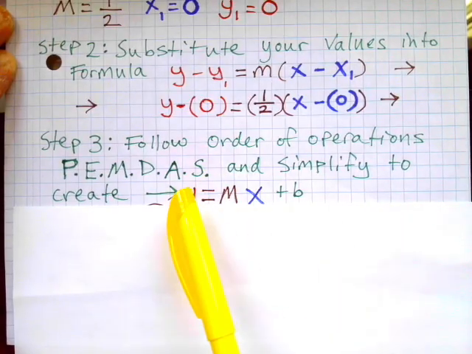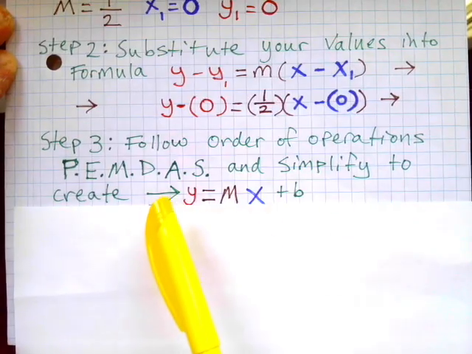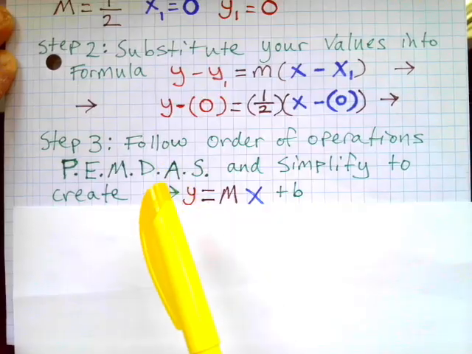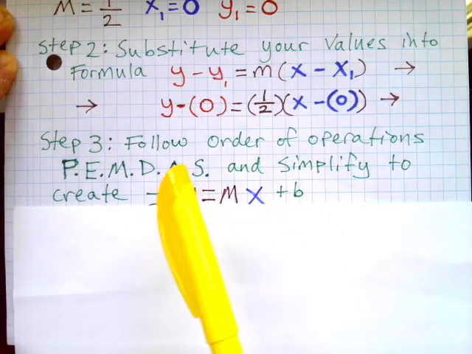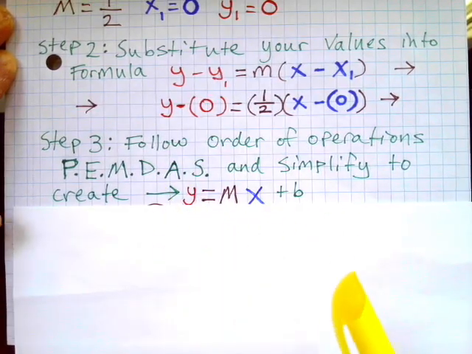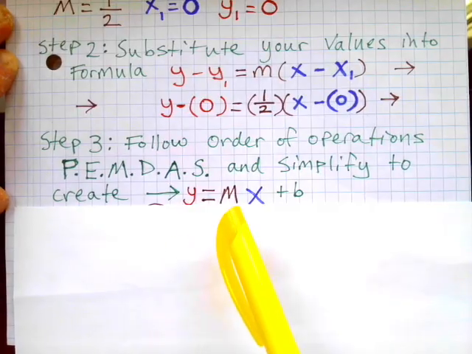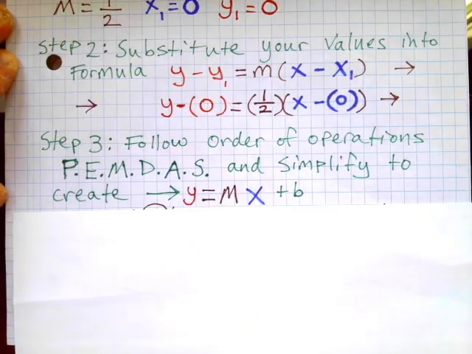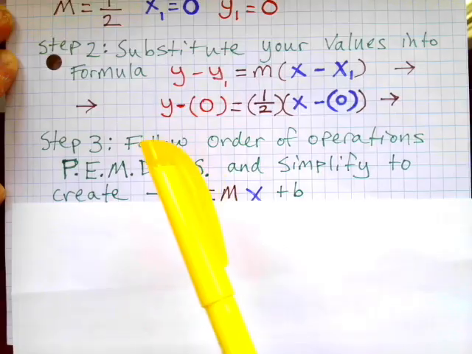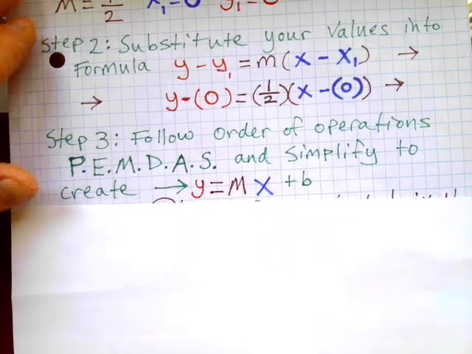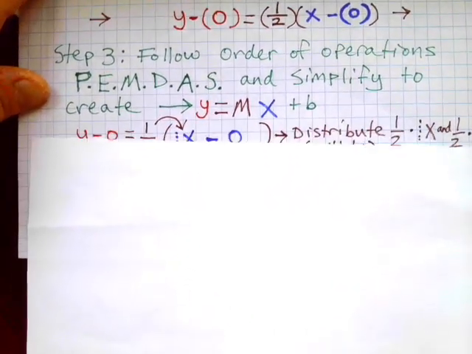And then simplify to create your equation, y equals mx plus b. This is the form that you want your linear equations to be in, right? That's the way you want it, y equals mx plus b. So that's what we're going to do. We're going to take what we have up here and simplify. So let's just do that now.